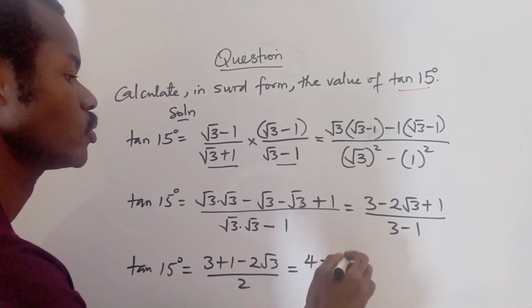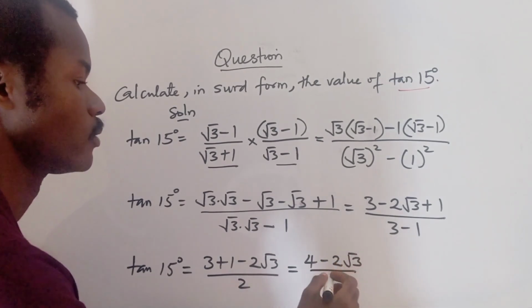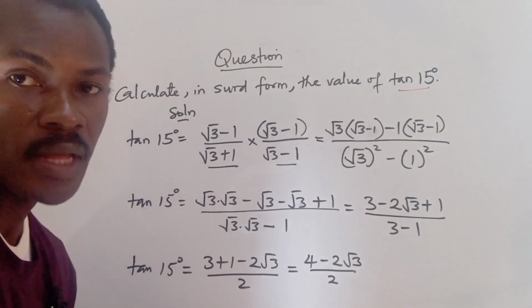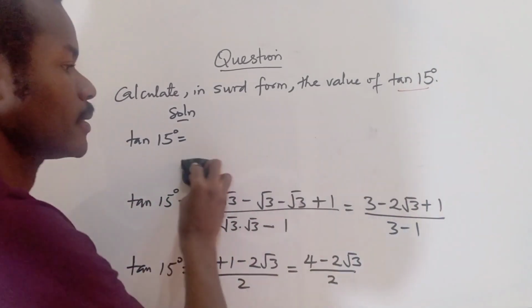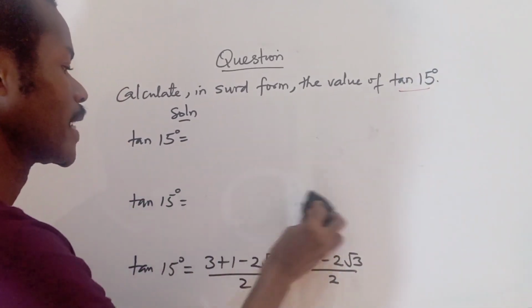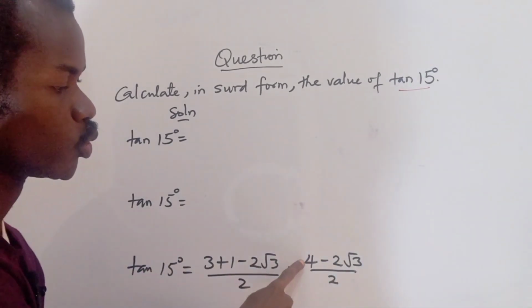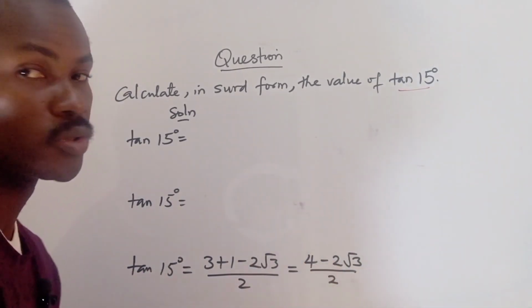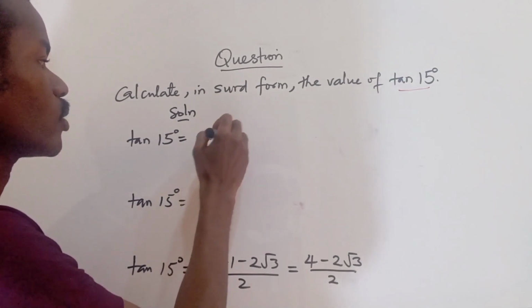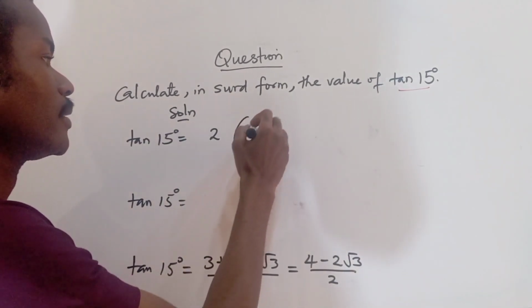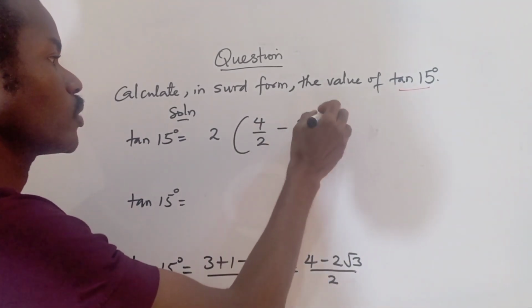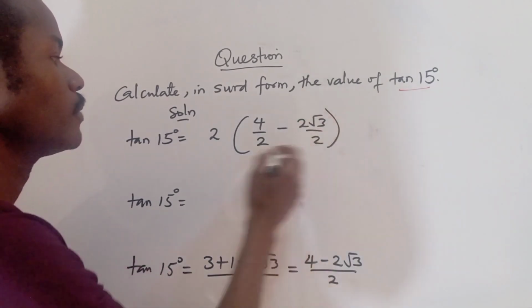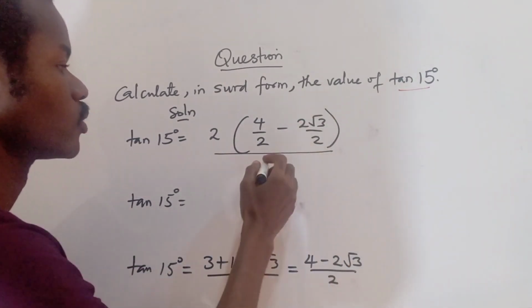So 4 minus 2 root 3 divided by 2. Now, from what we have, I can observe that at the numerator we can factor out 2. 2 is common here and 2 is common here. So I'm going to factor out 2, and divide the 4 by 2 and also divide 2 root 3 by 2.